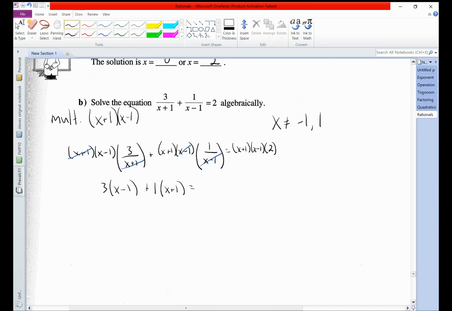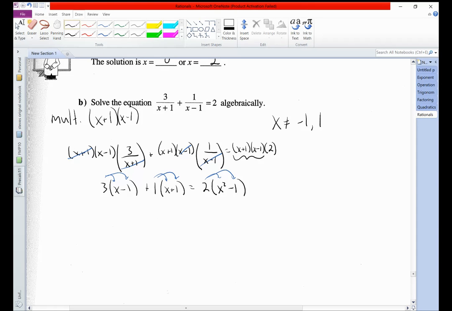I'm going to FOIL out these two right away here. Actually, I can see that they're going to give me the difference of perfect squares because they're conjugate binomials. So that's going to be x squared minus 1. If you did the whole FOIL, your middle terms would cancel and you'd end up with that exact expression. Now I'm going to multiply the 3 through and the 1 through and the 2.